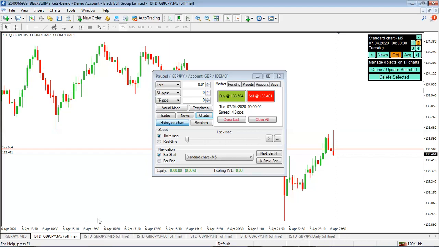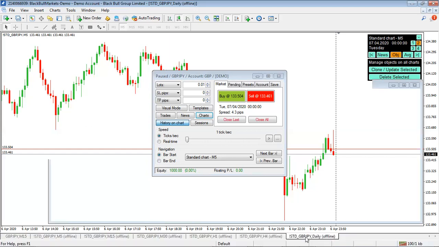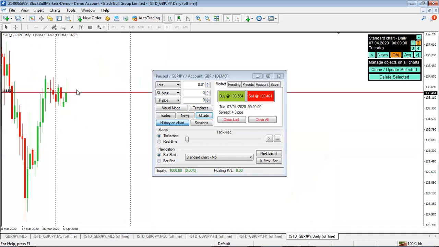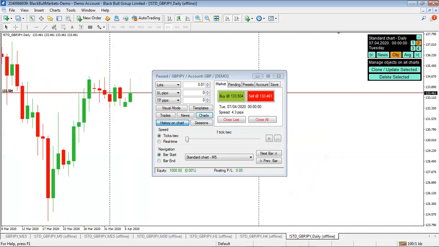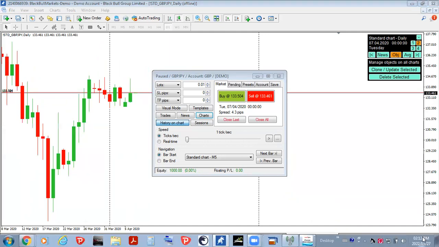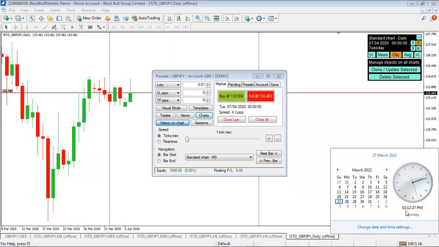Then back to my daily. So what I'm trying to do here, I loaded my data from the 6th. But I think that week I was actually doing my trades and all of that. I did trade that week.